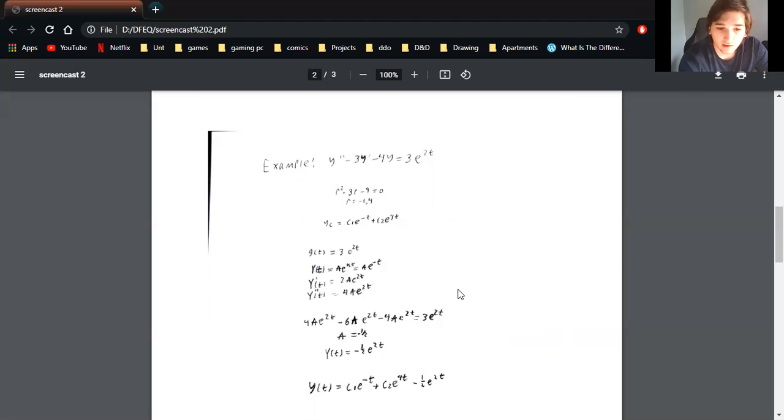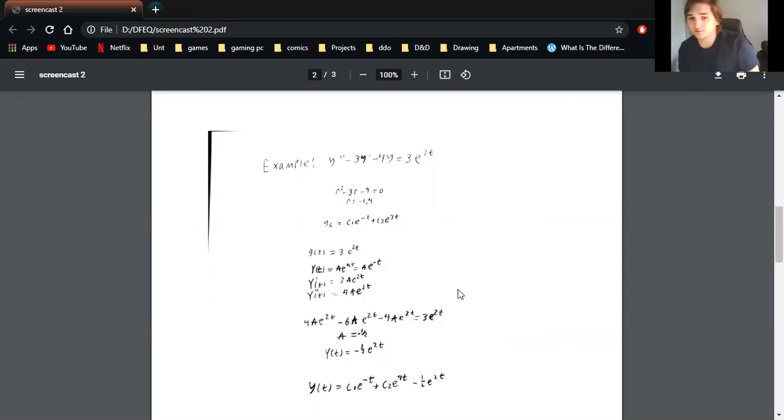Then your Y prime of t equals 2ae to the power 2t, and your Y double prime of t is 4ae to the power 2t.